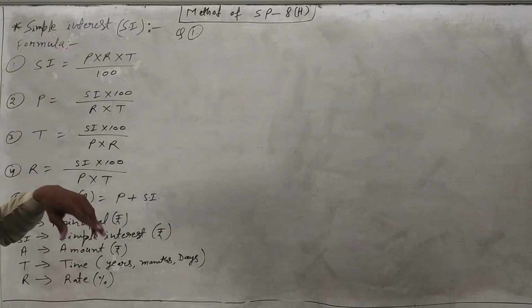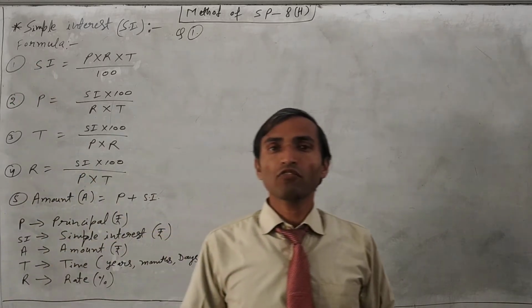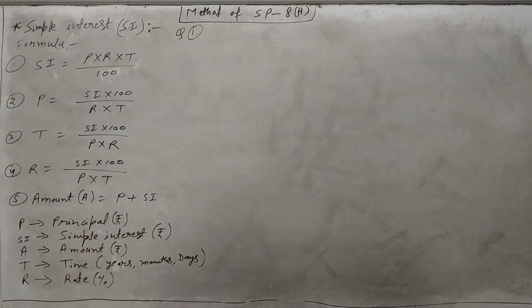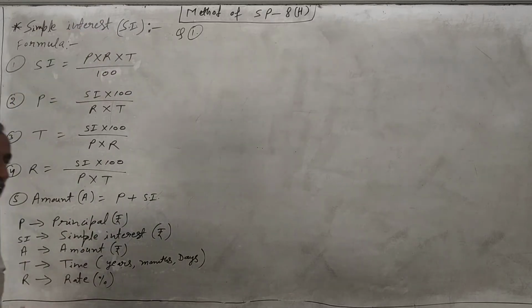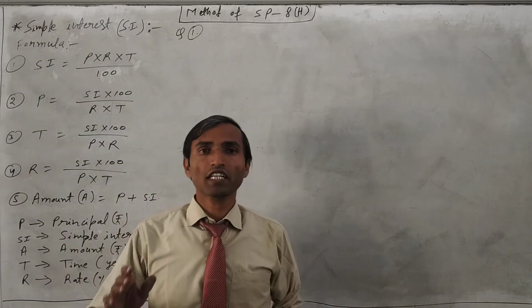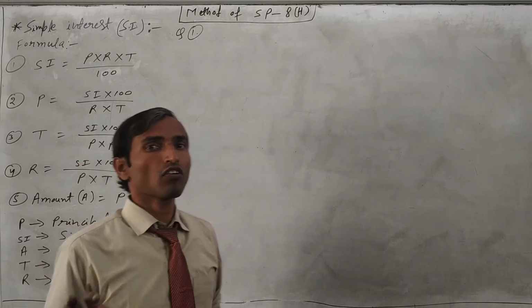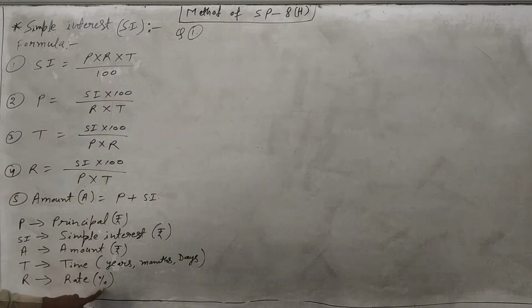Now, for how many years are we taking it, that is, when will we return that amount? That will be the duration of time, so this one is T. And the bank or any person says how much percent they will charge for interest. That is called the rate of interest, and it will always be in percentage. So R is equal to rate, in percentage.